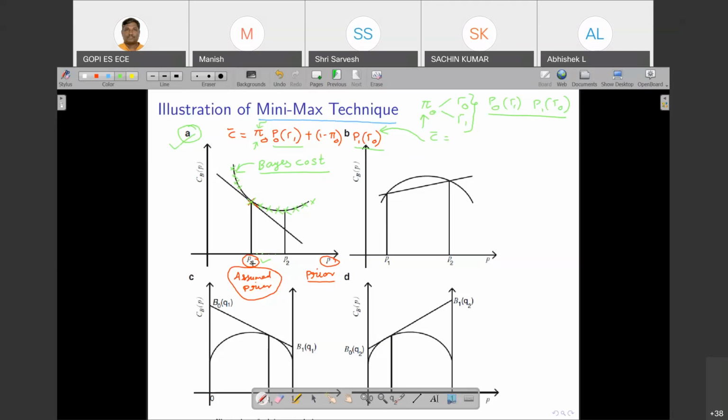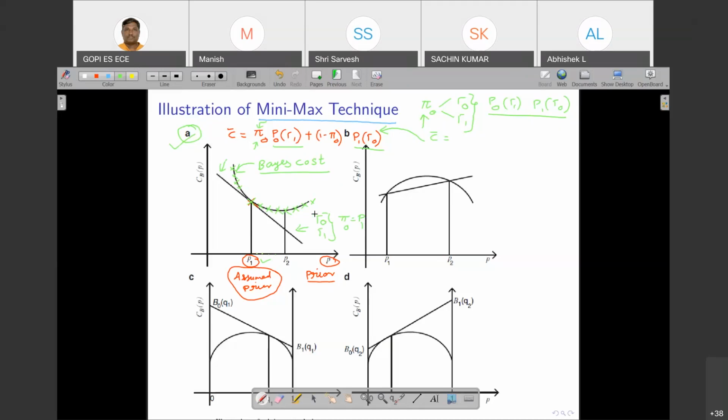When it deviates, your Bayes cost changes linearly. That is what is given as a linear graph. So this straight line is the Bayes cost after freezing gamma naught and gamma 1 designed with pi naught as P1. That is the meaning of it.